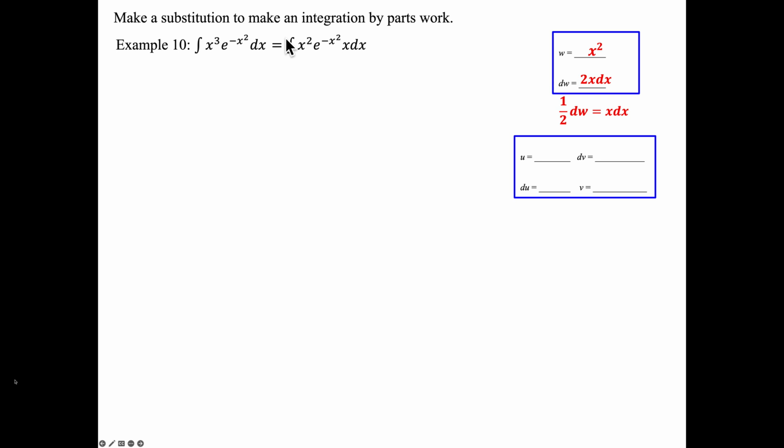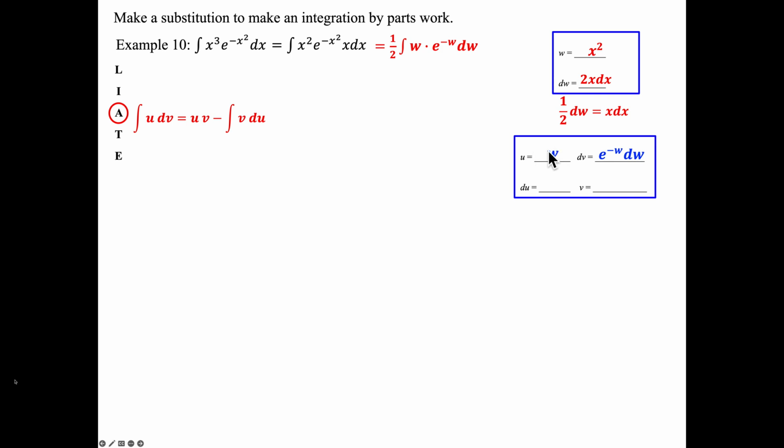We'll put 1/2 in the front, and now this will be w times e to the negative w. Now that's much easier to take care of with my integration by parts. So now using this, we're going to let our algebra, our w, be u, our e to the negative w power, dw is my dv.